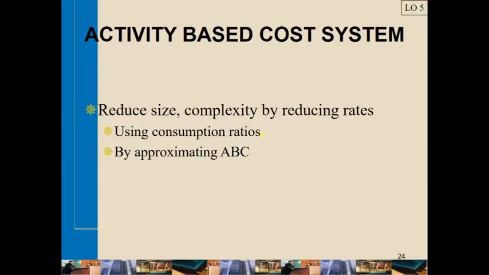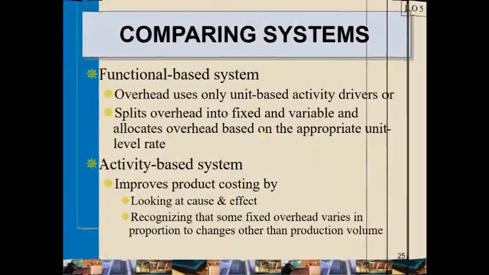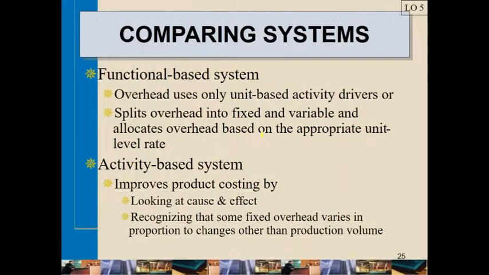And then, lastly is kanina brief comparison of your functional-based costing and your activity-based. So, functional-based overhead uses only unit-based activity drivers. So, as I mentioned before, mag-agad siya sa imong number of units produced.